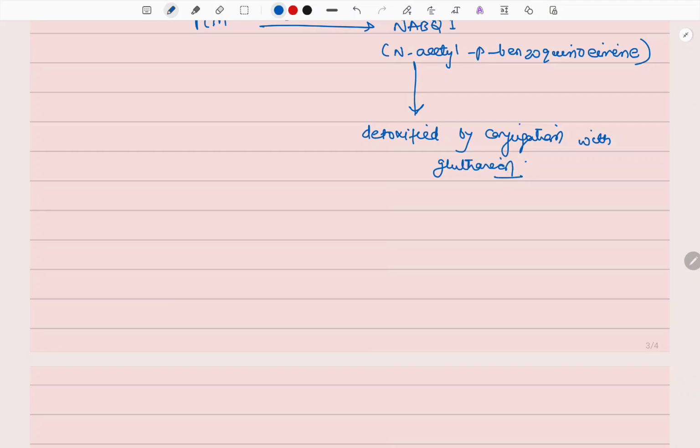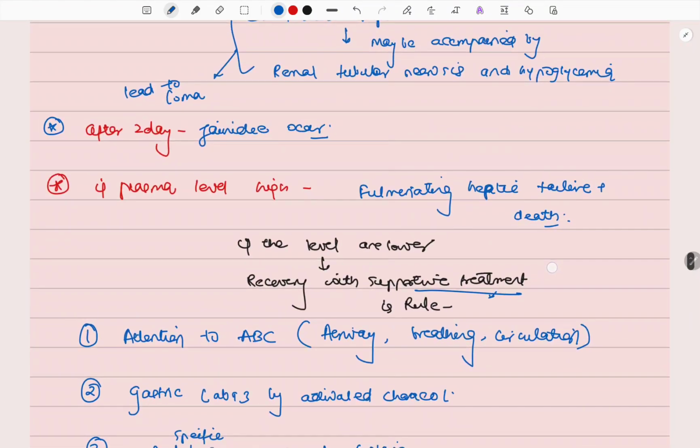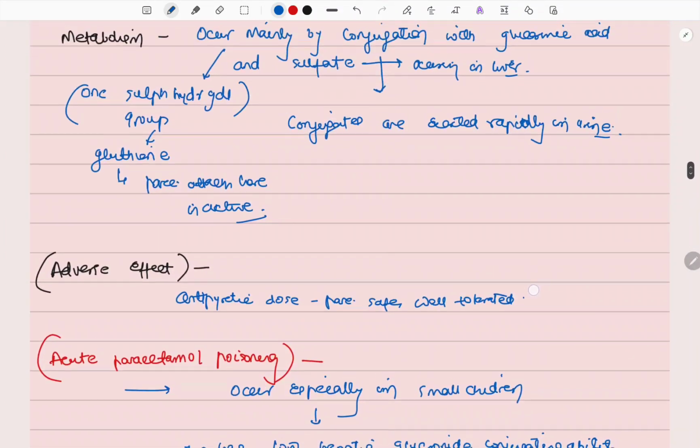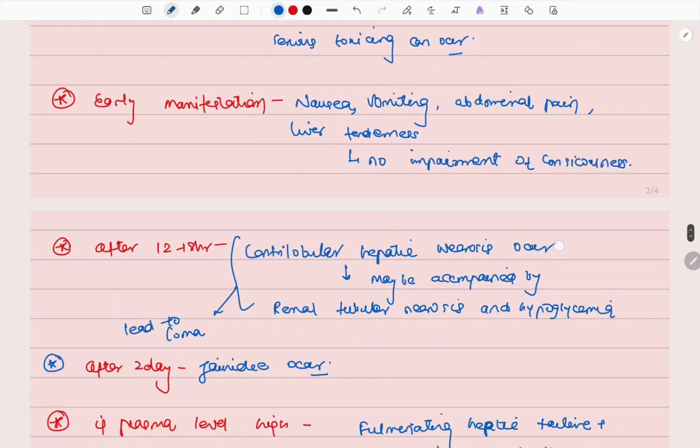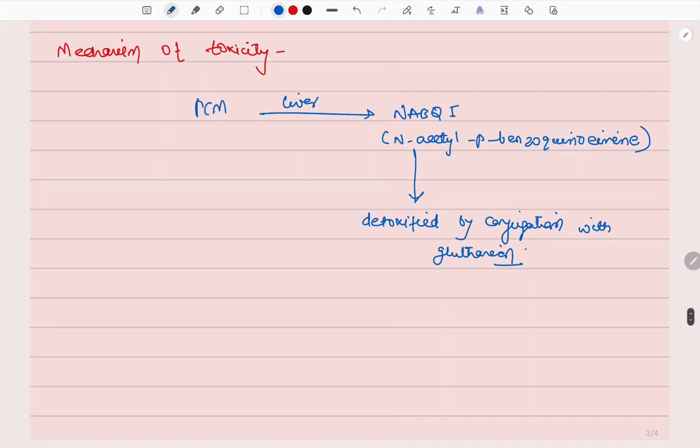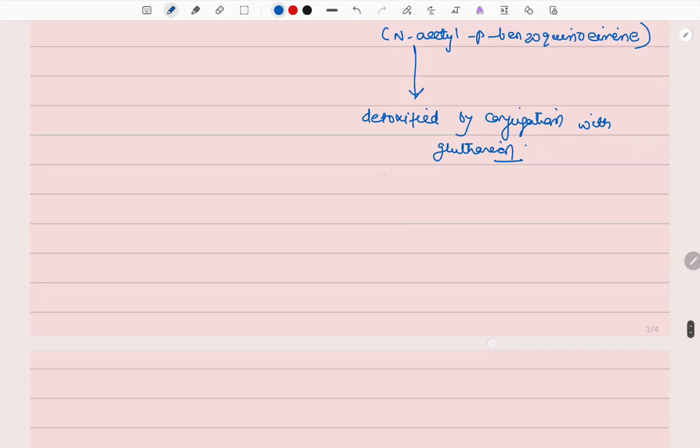One sulfhydryl group is added, and that makes the NAPQI non-toxic and allows it to be excreted in the urine.